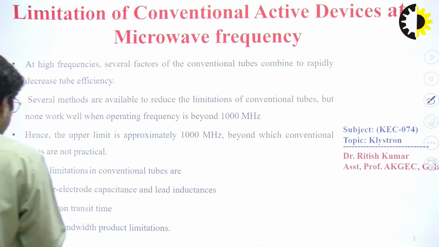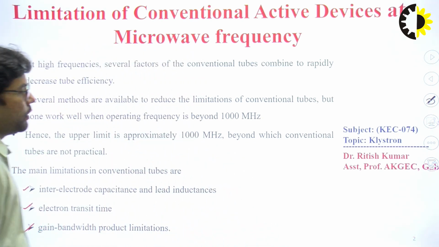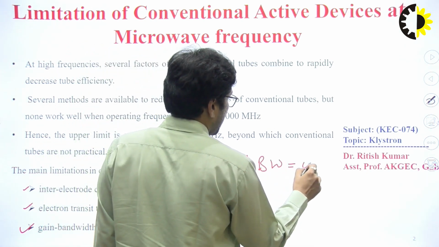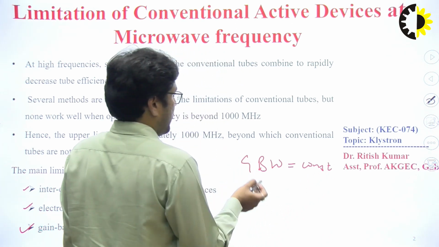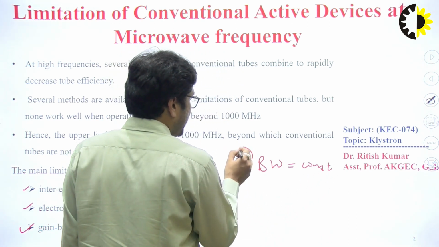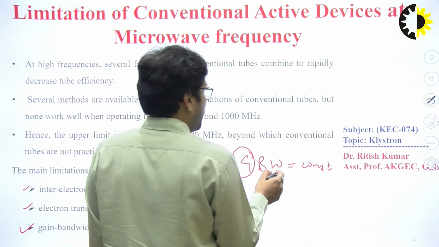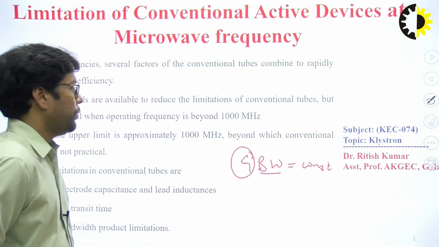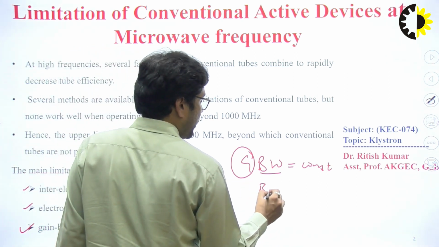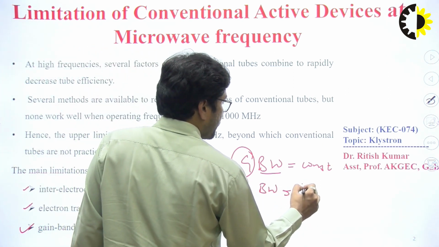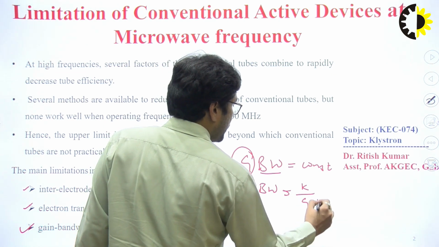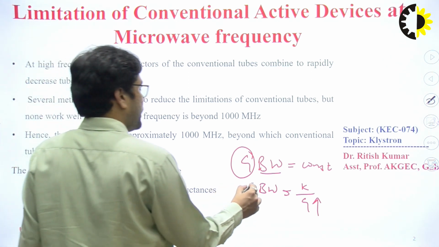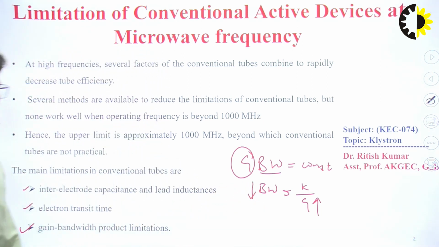The last one is the gain bandwidth product. As we know, the gain bandwidth product is a constant. To achieve higher gain, we need to compromise on bandwidth. Bandwidth is some constant divided by gain, so if you increase the gain, the bandwidth decreases.